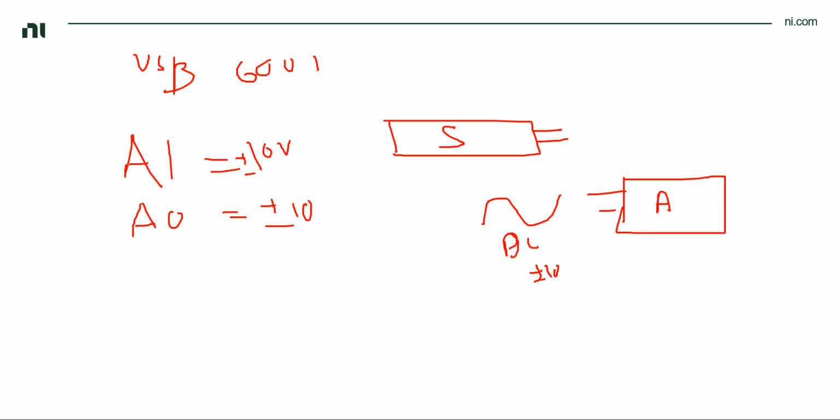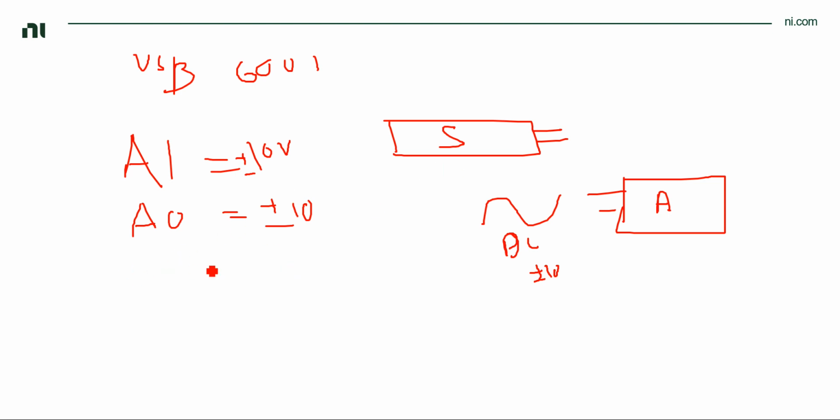This system, USB 6001, has that capability. Using that, you can easily acquire the signal from the sensor, and you can easily generate the signal and give any command.